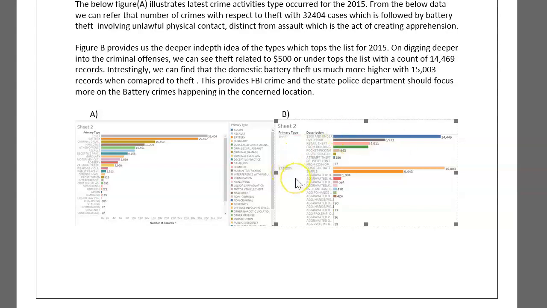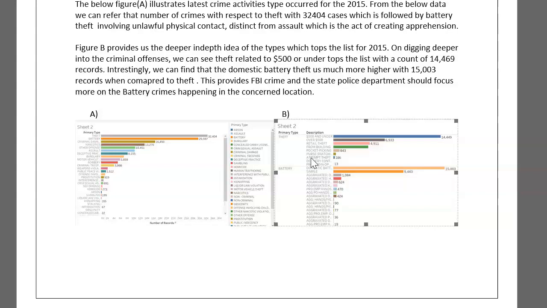When compared to that, what we call battery is unlawful conduct, where they create some kind of bad behavior, and all these things will be considered battery, like aggravated battery and the various violence related to gun violence or an attack with a knife.